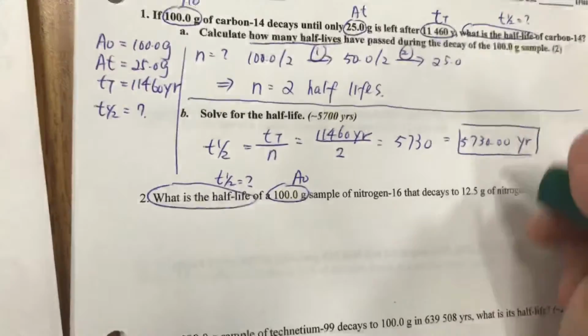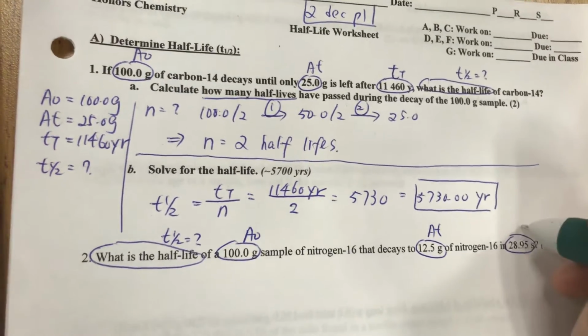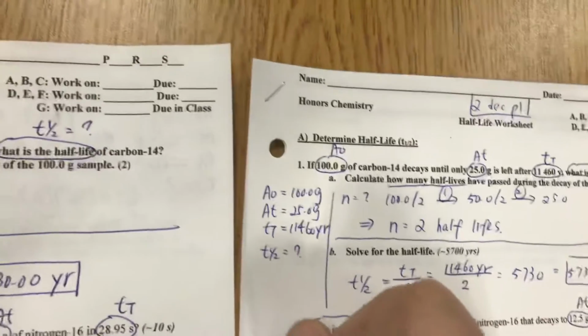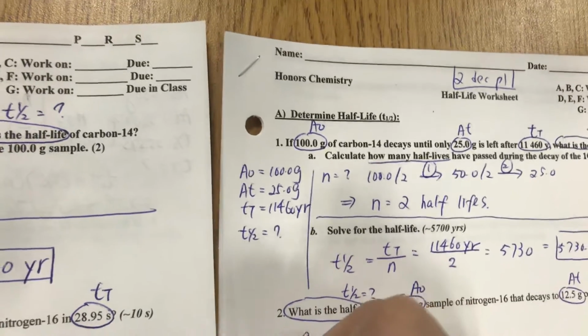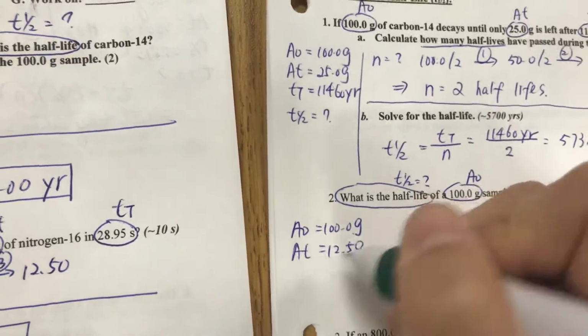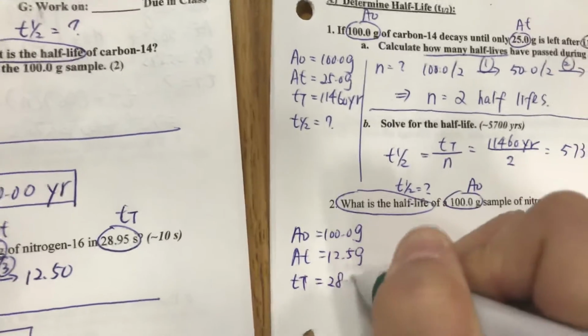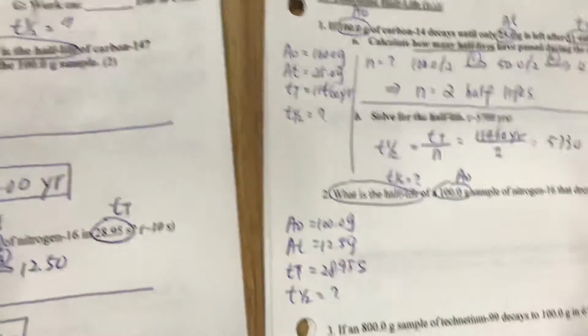Decay to 12.5 gram, which is AT, and then the 28.95 seconds is T total. Read the sum out, put it on here. A0 is 100.0 gram, my AT is 12.5 gram, my T total is 28.95 seconds, and my T half equals question mark.